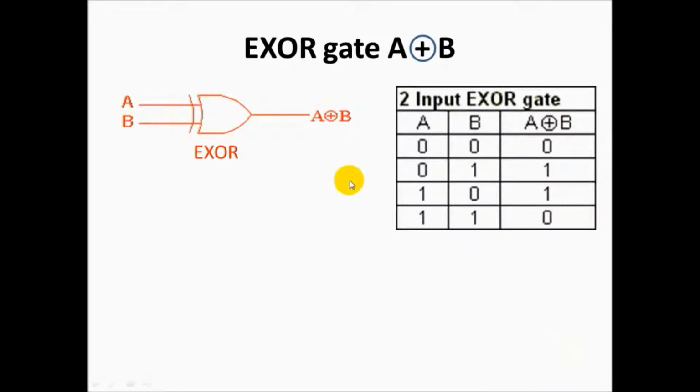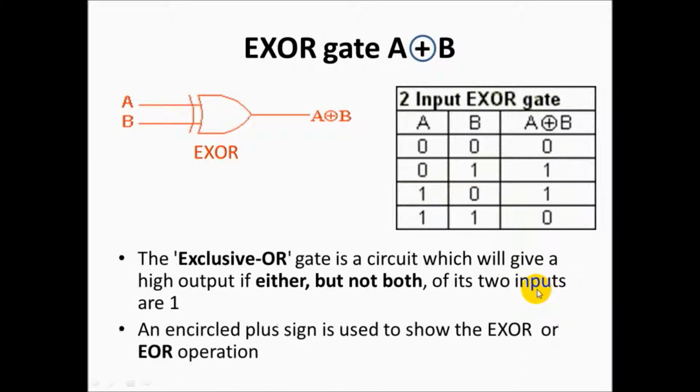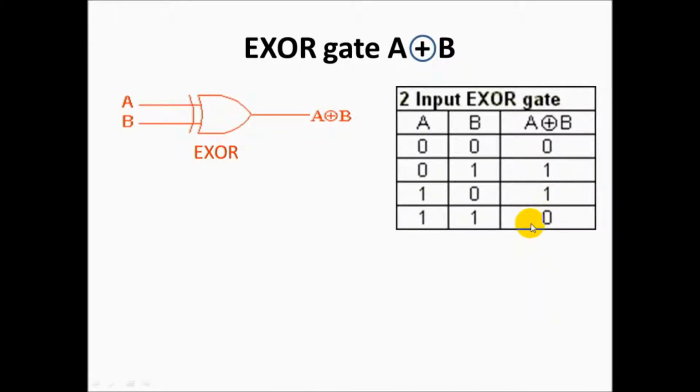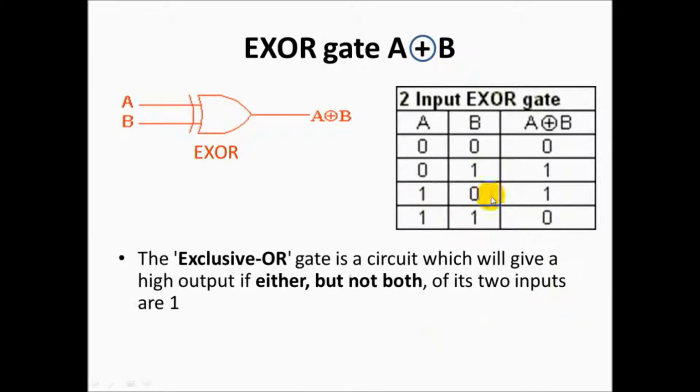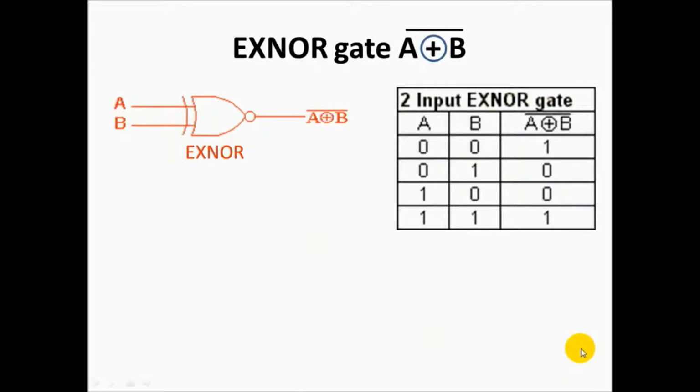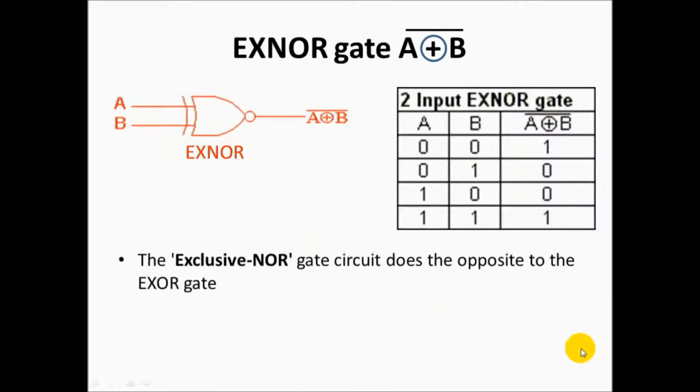Exclusive OR gate, just looking for the instance of 1. XNOR, exclusive OR gate, there and there. Exclusive NOR gate, just in case they throw it in.